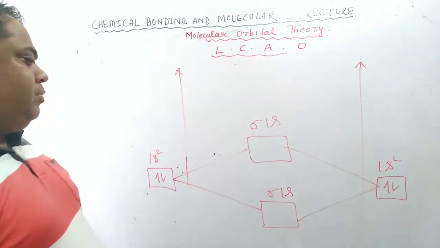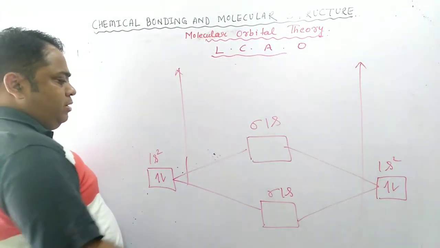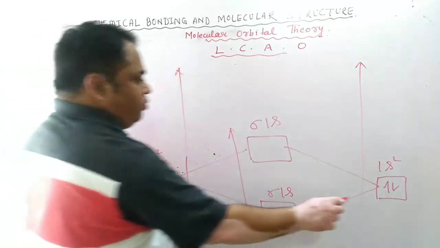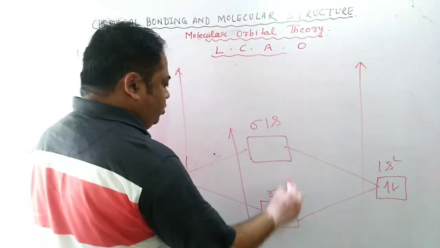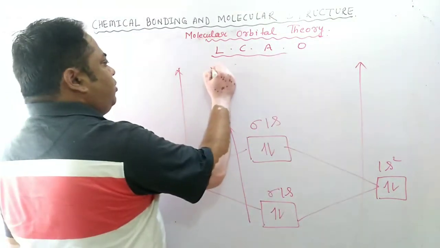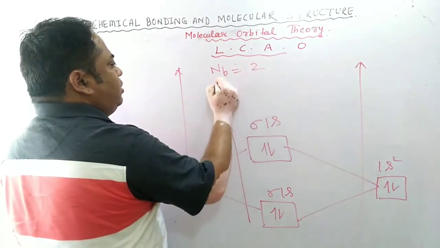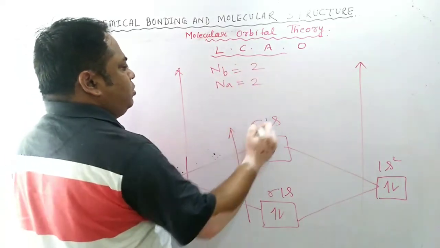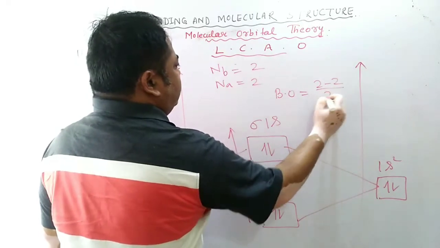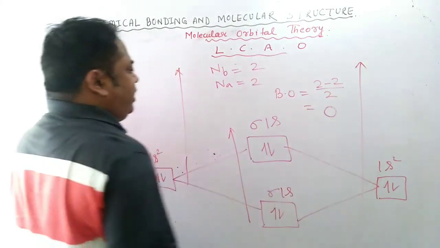Electrons are filled from the lower energy level to the higher energy level. So how many electrons are there? 1, 2, 3, 4. So we fill up 1, 2, 3, 4. Now we will see, number of bonding electrons is equal to 2, number of anti-bonding electrons is equal to 2. So bond order will be 2 minus 2 by 2, which is equal to 0.